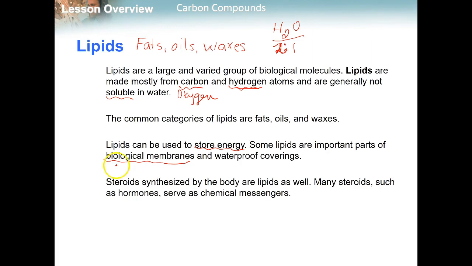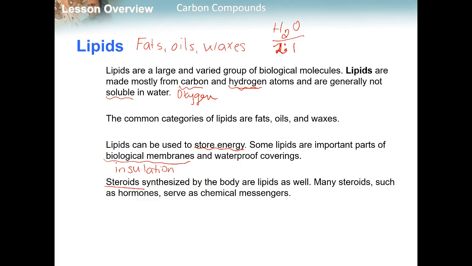They also serve as insulation. Women have 18% more body fat than men because of childbearing, and the fat is to help insulate and protect the baby. There are special chemical compounds in our bodies called steroids, and they are synthesized by lipids as well.